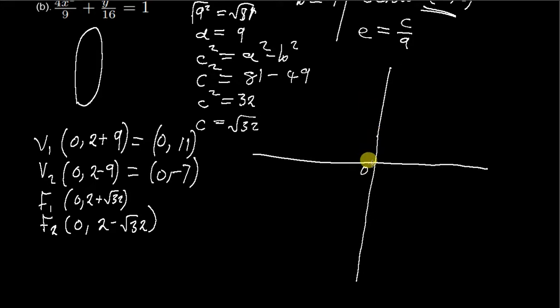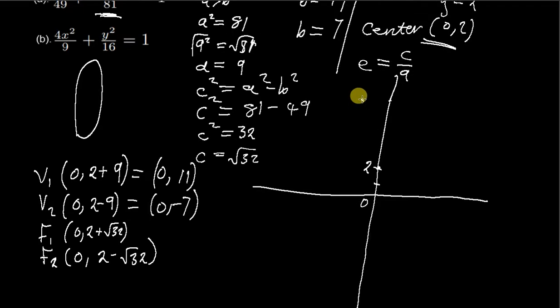So I'm going to say this is 1, 2. So that is where my 2 is. So my center is just somewhere there, and then I'm going to move some steps going up.